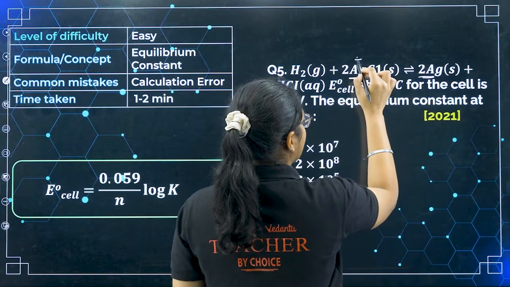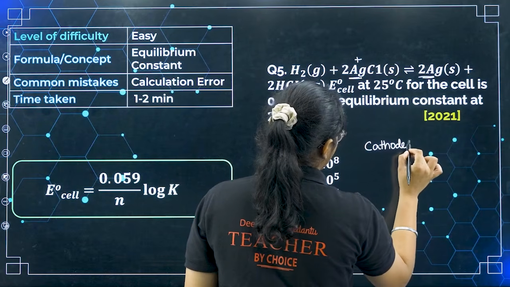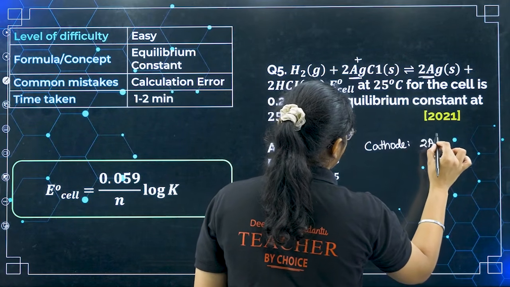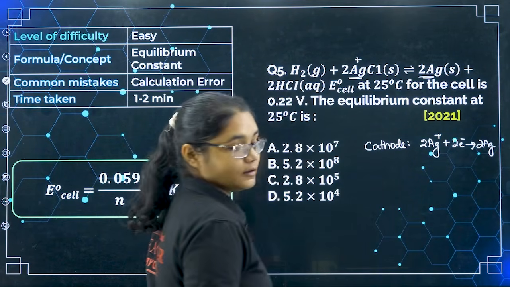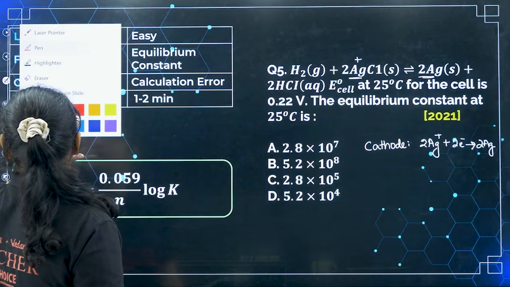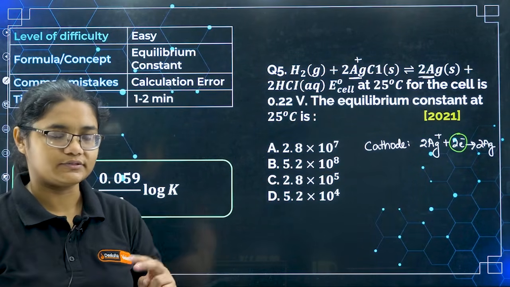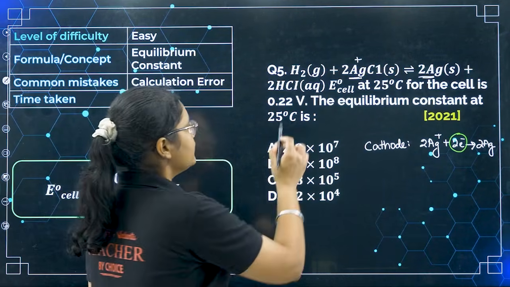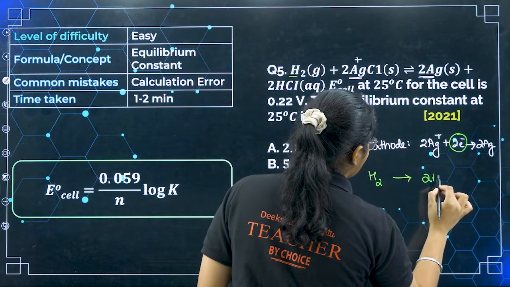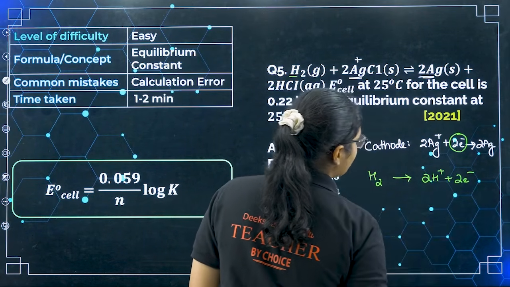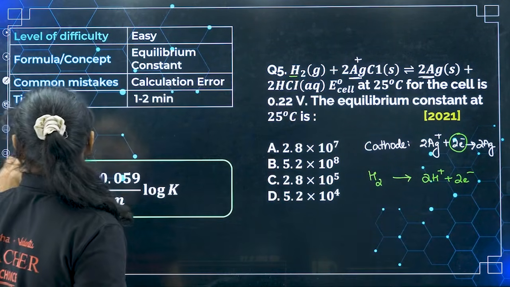So AgCl, it is Ag plus, so I can write the reduction reaction or the cathode reaction like this: 2Ag plus plus 2 electrons gives 2Ag, right? So what is the total number of electrons involved in the cathodic reaction? 2 electrons. The same will be involved in anodic also. You can see here H2 is there, right? H2 will release 2 electrons to get converted to 2H plus. Okay, so this n value is 2 here.